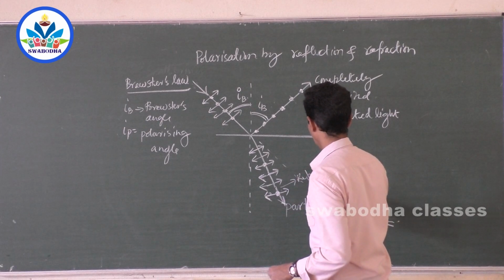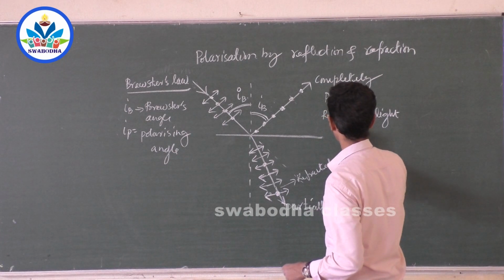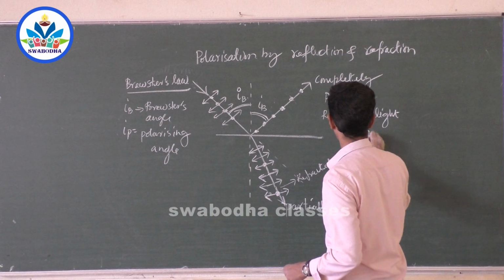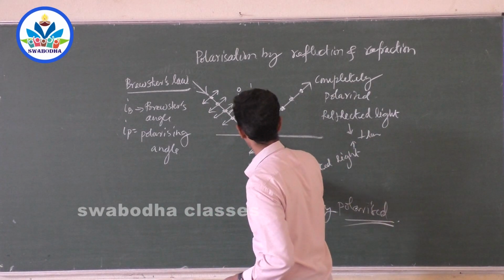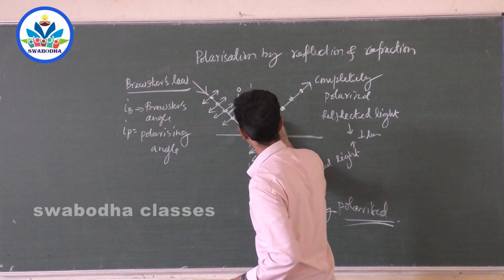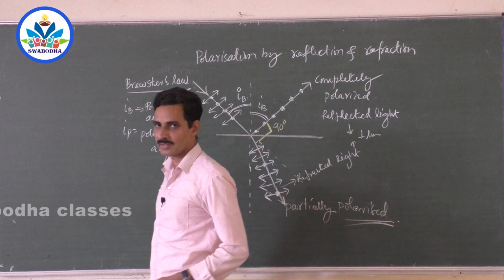They are perpendicular to each other. That means this angle should be 90 degrees. That is what Brewster said.